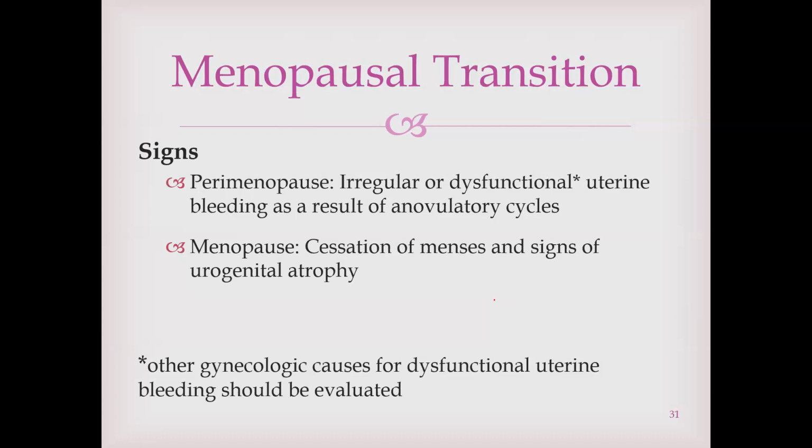Some signs of perimenopause are going to be, obviously, your primary sign is going to be your bleeding criteria, and then menopause would be when we have cessation of menses, and then they also may experience urogenital atrophy, which we'll talk about. You want to make sure that there's not another cause for this uterine change in the bleeding patterns, and make sure that that is a differential diagnosis.